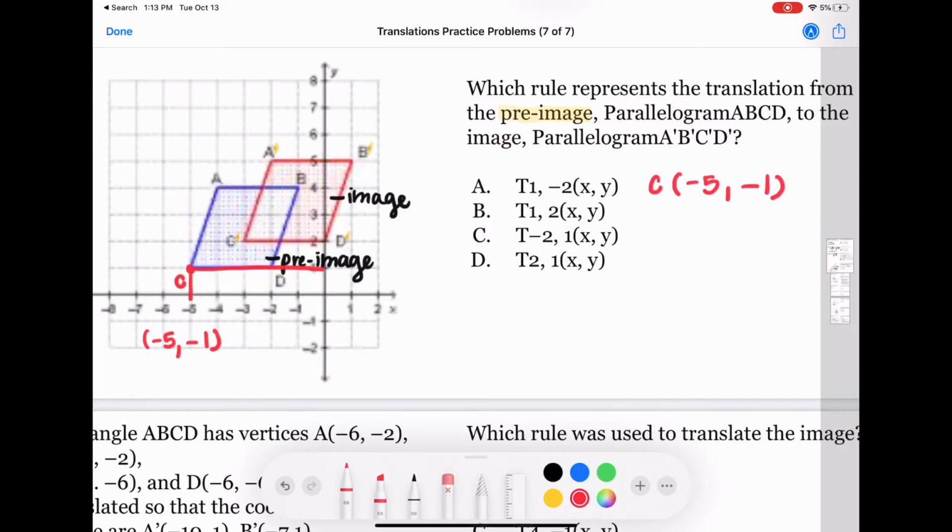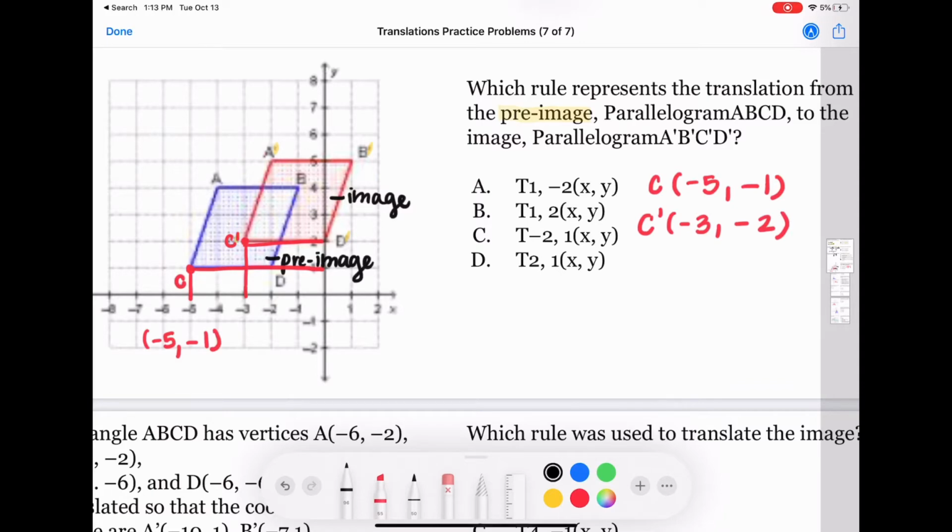Now, in the image, we can identify that C prime is located at -3 and -2. Now, what we must do is identify what translation occurs for us to get from C to C prime.